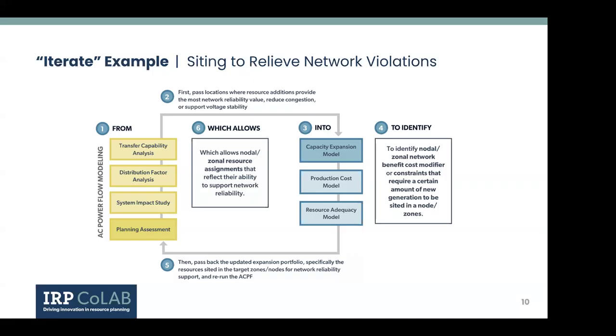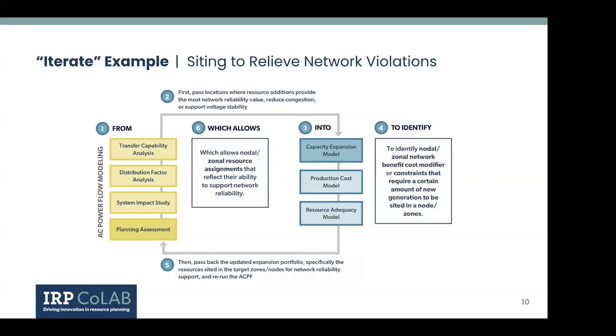So I'm not going to walk through this whole figure, but at a high level, we start by running a transmission planning model, so an AC power flow model that will identify reliability violations, line overloads, failing to meet certain voltage or stability criteria, and then incorporate where those challenging locations are on the network into the capacity expansion model.